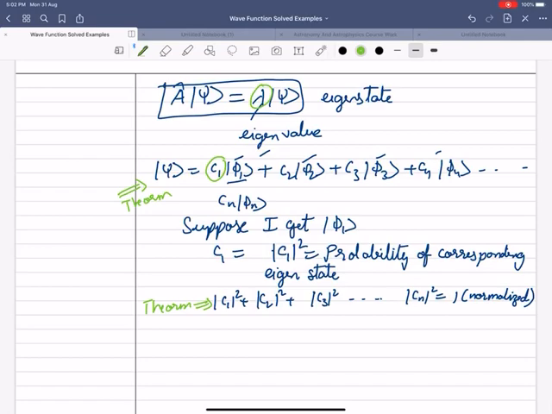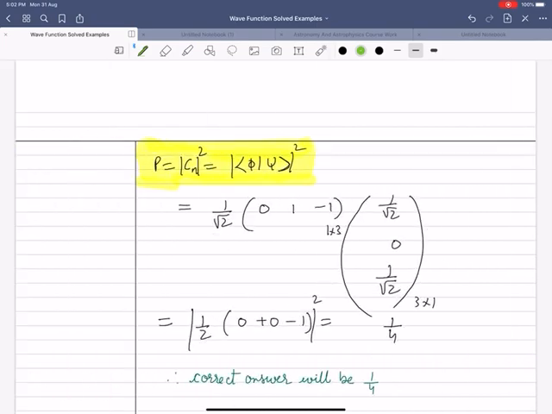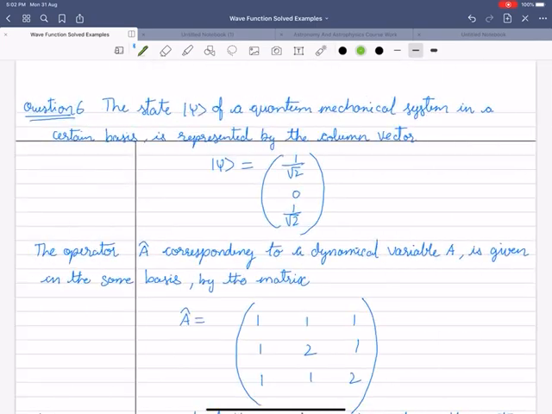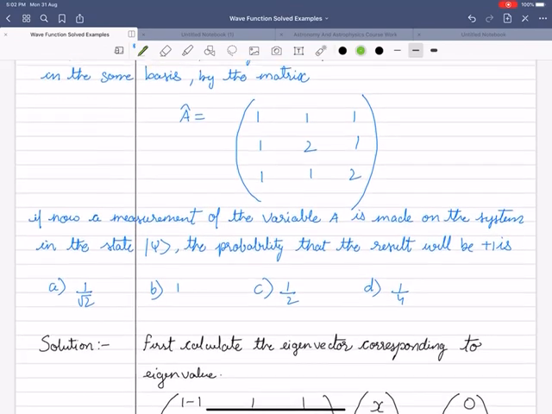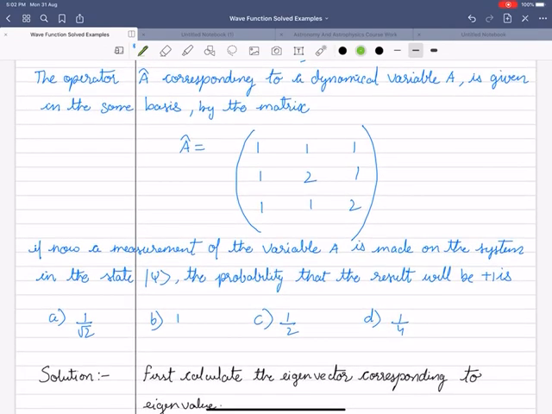This is the eigenvalue. We have to find the probability of the result being plus 1. So how can we find the probability? First we should find the eigenvector corresponding to plus 1. Only then can we find the probability.